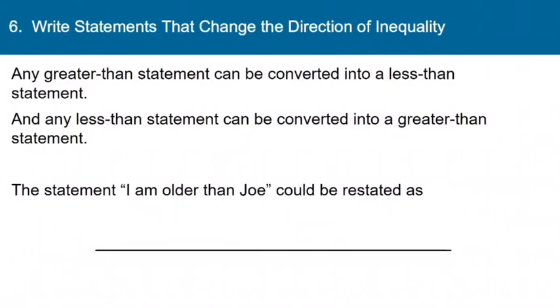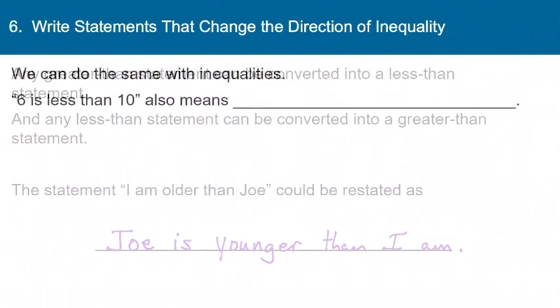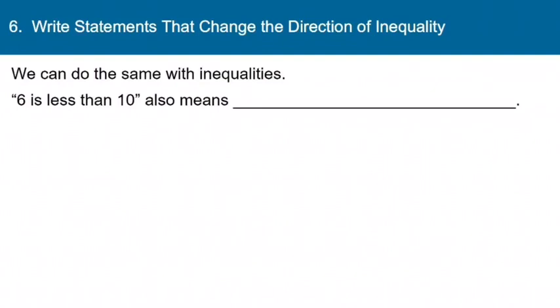If you wanted to start the sentence with Joe, then you could turn this around and instead of saying I am older than Joe, you could say Joe is younger than I am. So this sentence uses the word older and this sentence uses the word younger, but both sentences convey the same idea. And we can do the same thing with inequalities.